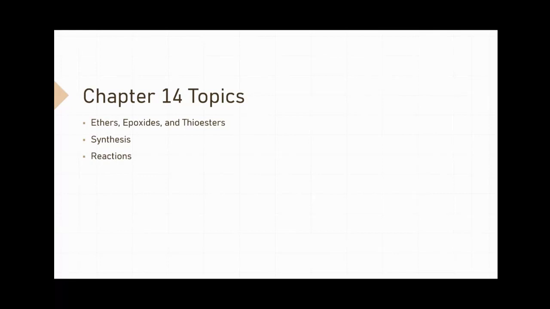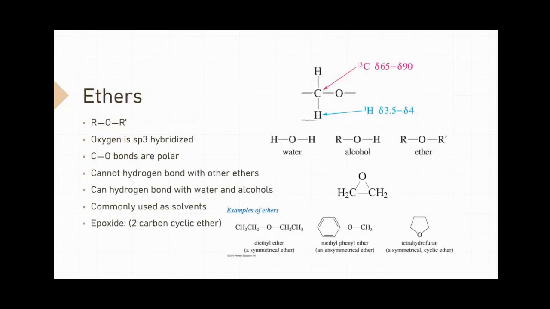For 14, it's going to be about ethers, epoxides, thioethers, how to make them, and how they react. So for ethers, the general formula is two R groups on either side of an oxygen. Remember, the oxygen is going to be sp3 hybridized.